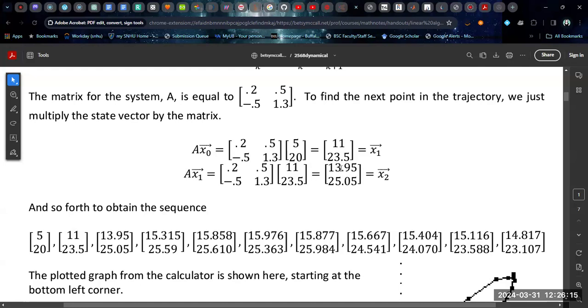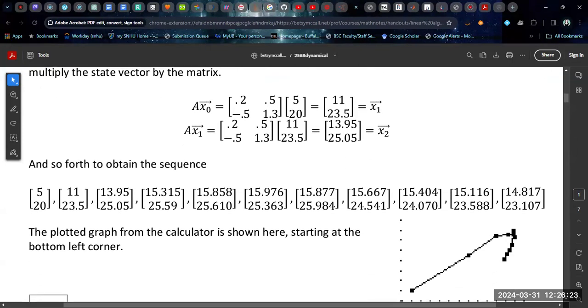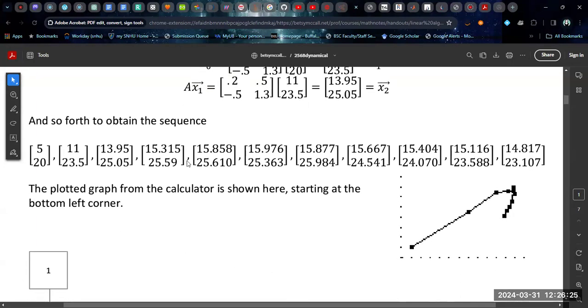When we do that, we end up with the second state being (13.95, 25.05). And as we continue these calculations, we get the sequence of vectors shown here on the screen.